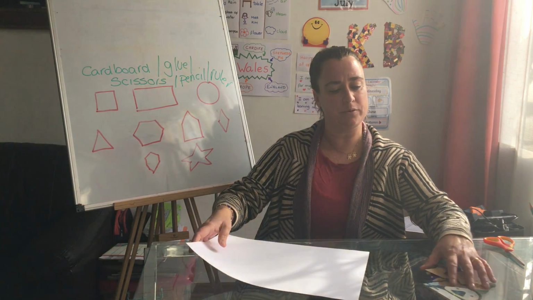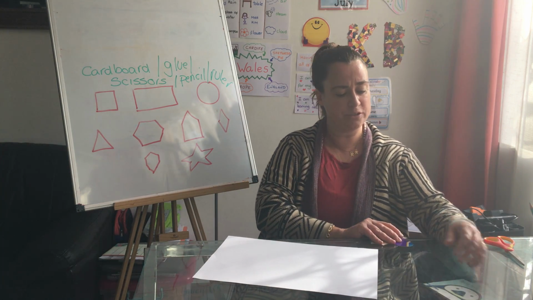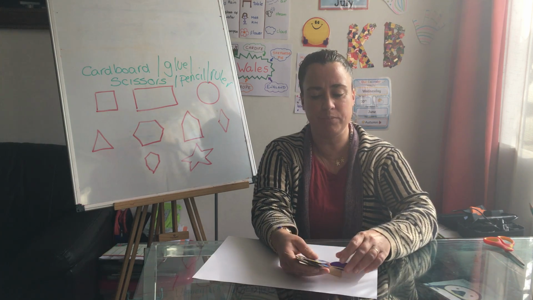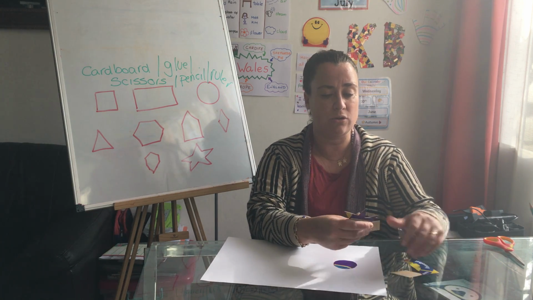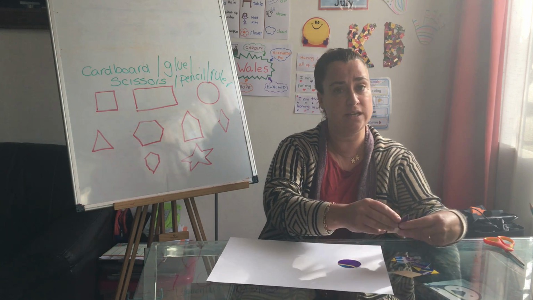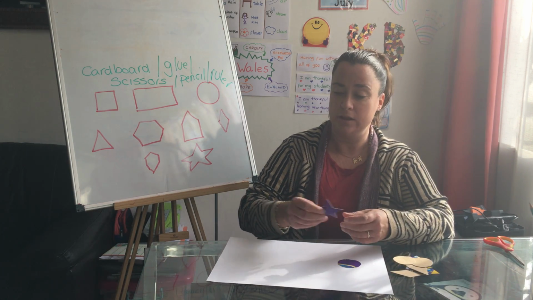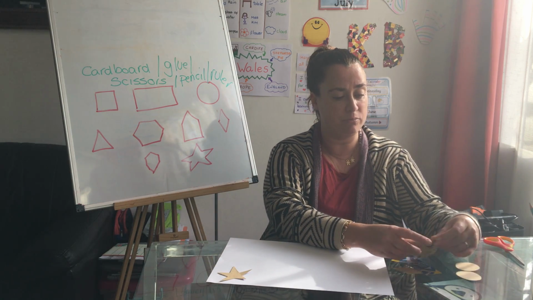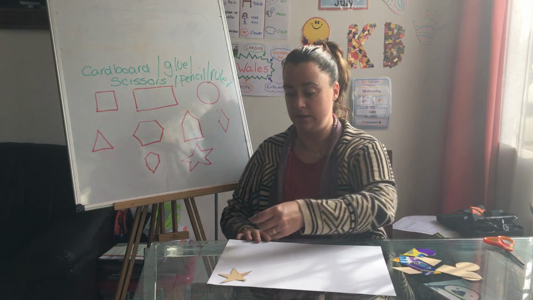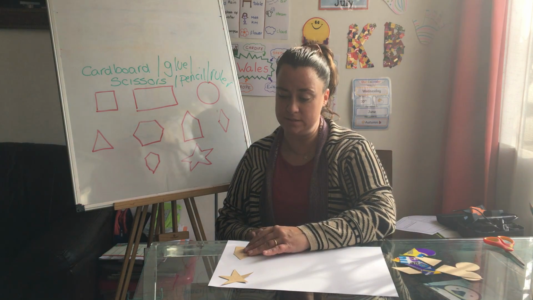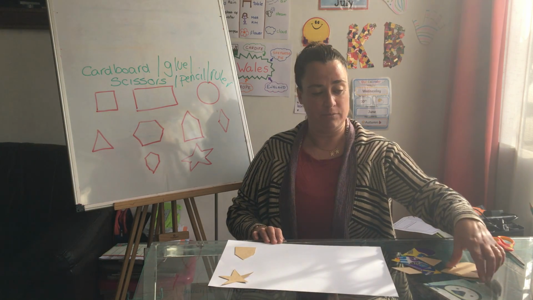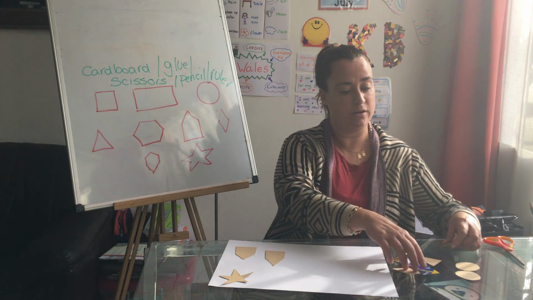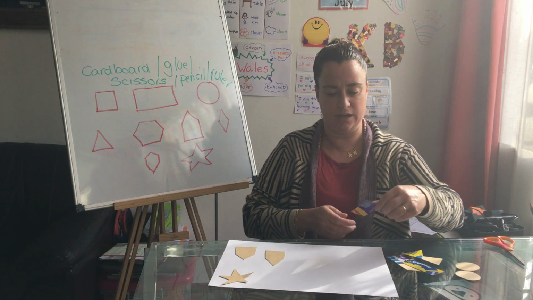And on the paper, I want you to start putting your shapes. Just let's see how we can place them, okay? So that when we stick them on the paper, our drawing or our model means something, right? Because if we just place anything anywhere, well, it doesn't really mean anything, does it?